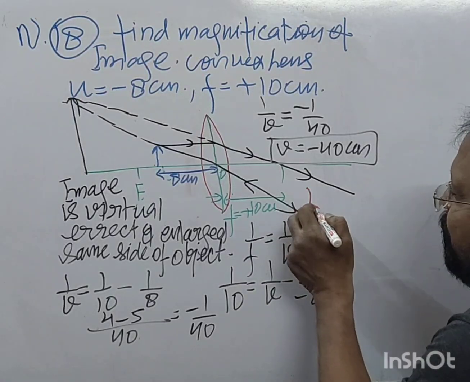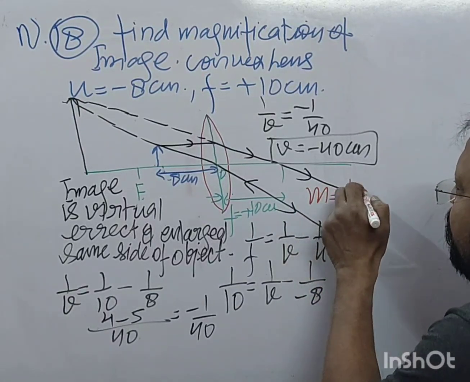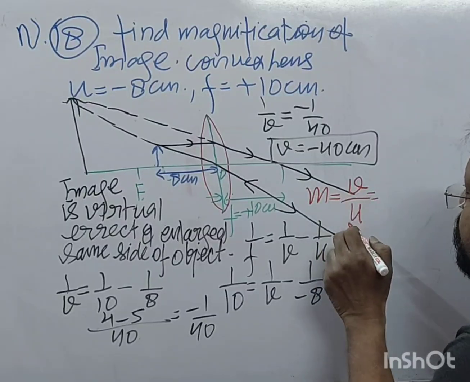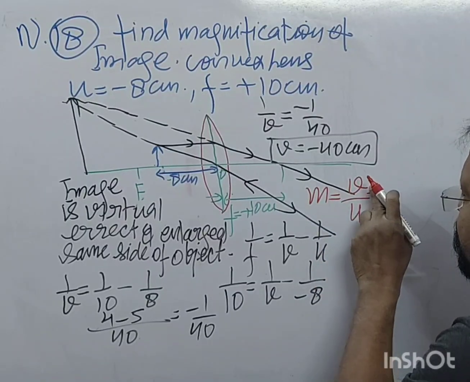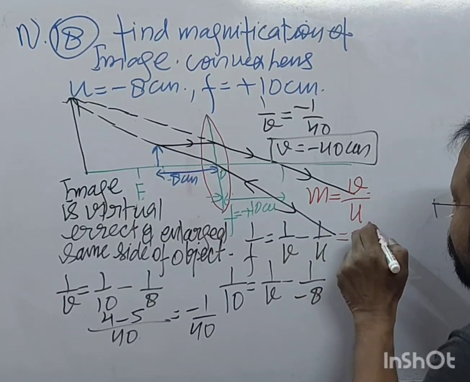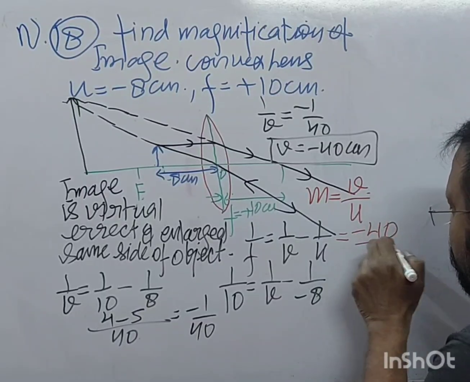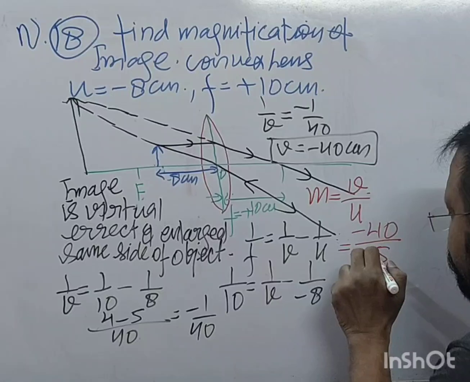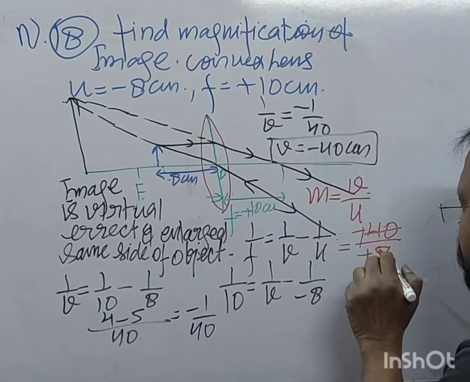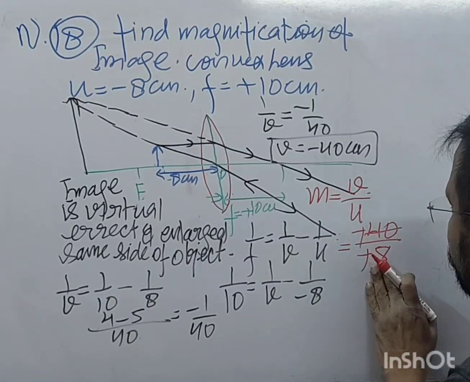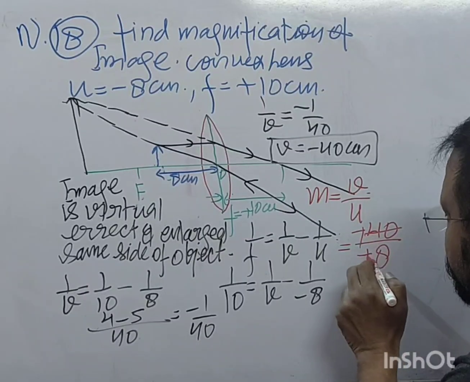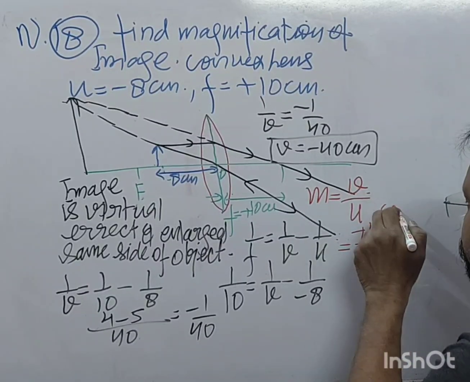M is equal to v upon u. V is minus 40 and u is minus 8, so minus 40 upon minus 8. Minus minus cancel. It becomes 5 times.